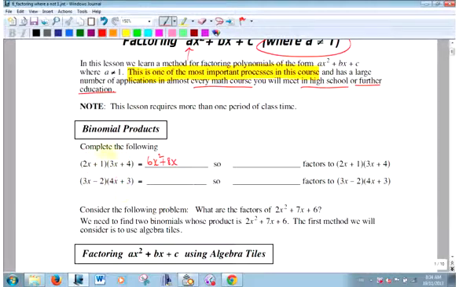Inside, 1 times 3x is 3x. And last is 1 times 4 is 4. Again, you don't have to do it in that order. We just give you a little acronym so that it makes sure you get 4 terms. FOIL, 4 letters, 4 terms.